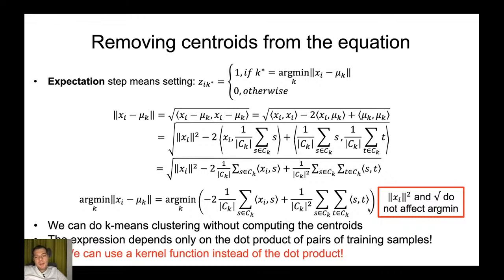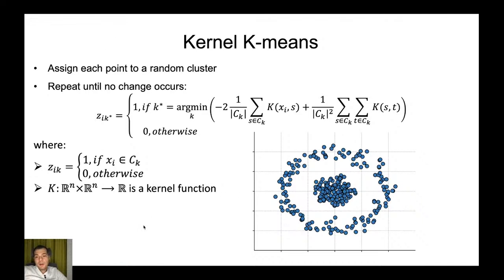And as you know from kernel methods, now we can replace the dot product with another kernel function. So for example, now kernel k-means, we can assign each point to a random cluster, and then we repeat this step until no change occurs. So now we have only the expectation step, and the maximization step is no longer required because we don't need to compute the cluster centroids anymore.